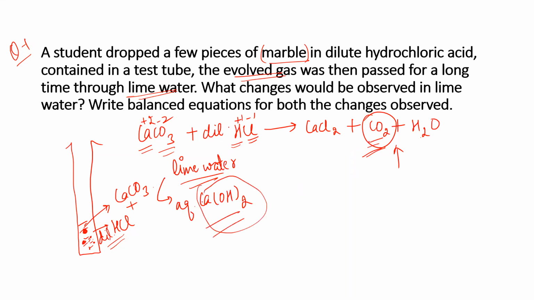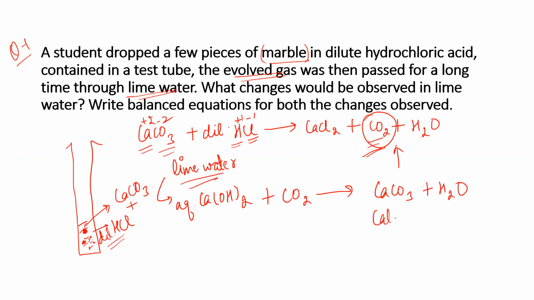So this gas is passed through this calcium hydroxide solution. If we pass gas through lime water, the product formed will be calcium carbonate as well as water. And this calcium carbonate, which is formed in this reaction, is insoluble.